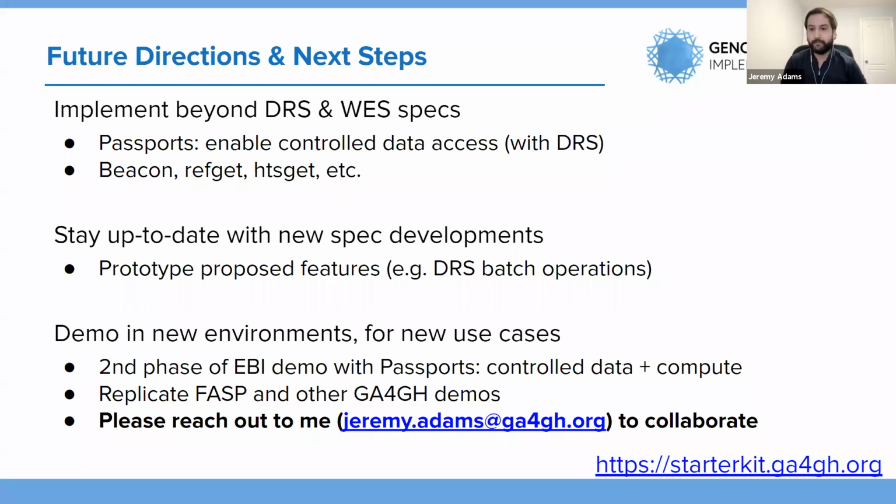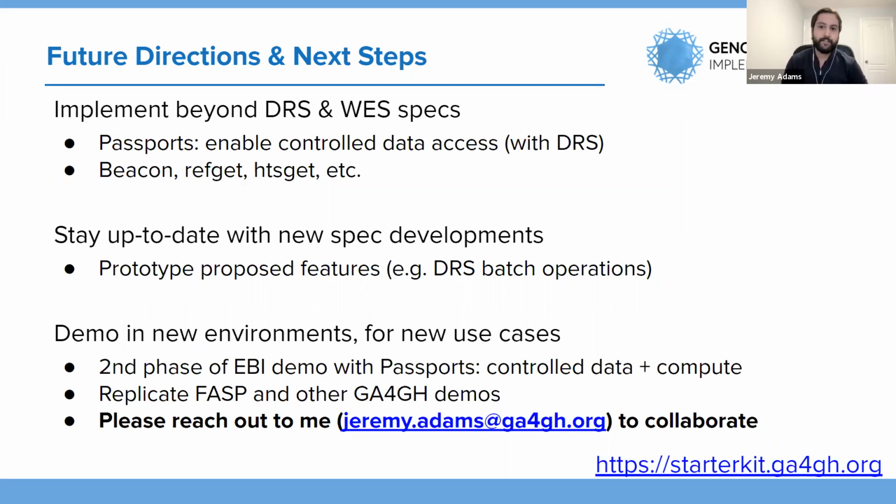So when DRS version 1.3 comes out and Passports version 1.2 comes out, we plan to update our code base to stay in line with all of those new features that are released. The main thing we're interested in is getting the starter kit deployed at other sites for other use cases.